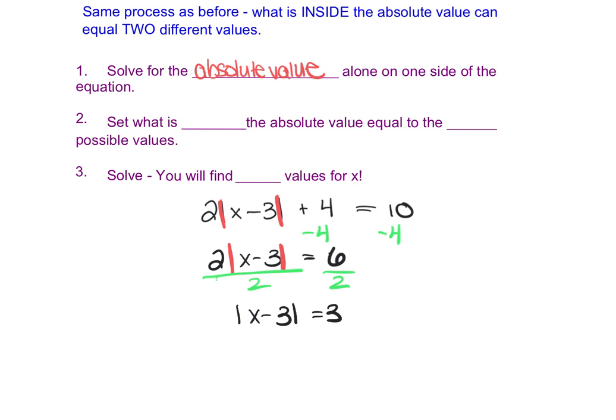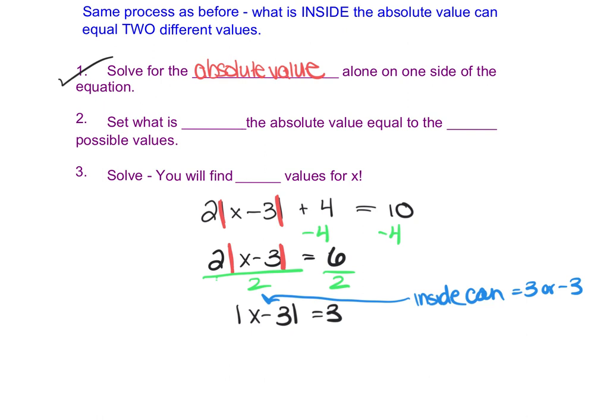So that's always going to be our first step, to solve for the absolute value alone on one side of the equation. Now from here, it's the same process as before. What's inside the absolute value can equal 2 different values. Because of the way that absolute value works, the inside piece can equal 3 or negative 3, because absolute value is going to turn it into a positive value.